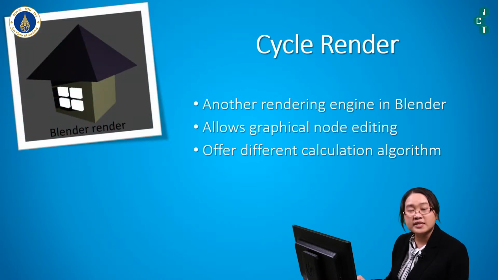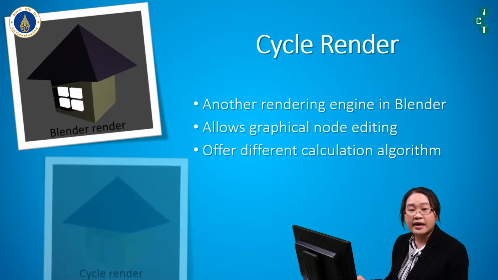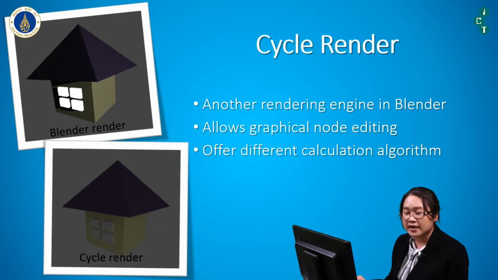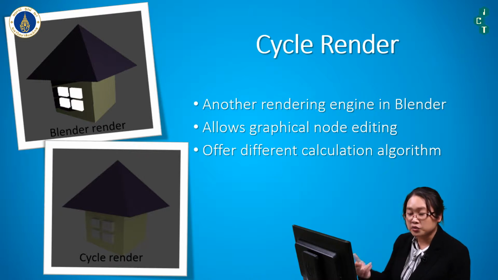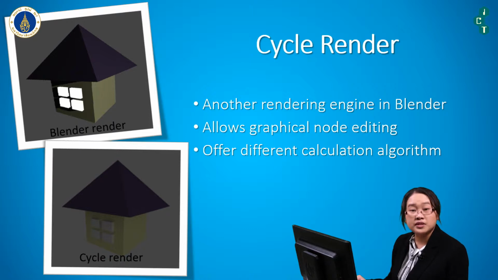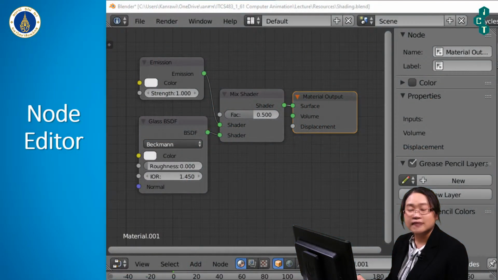For example, this picture was rendered by the basic Blender render, and the next one is the picture that I rendered with exactly the same model and color setting using the Cycles renderer. Because the algorithms used to render the output are different, you will see that the result is also different.